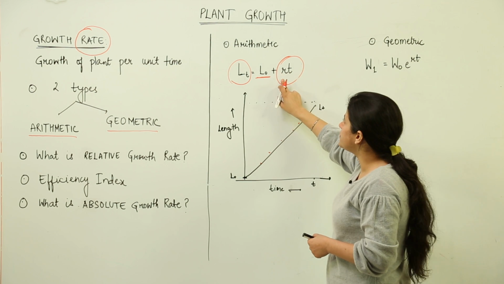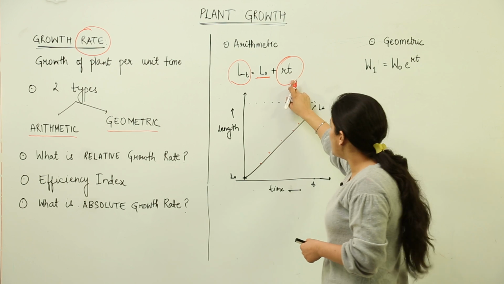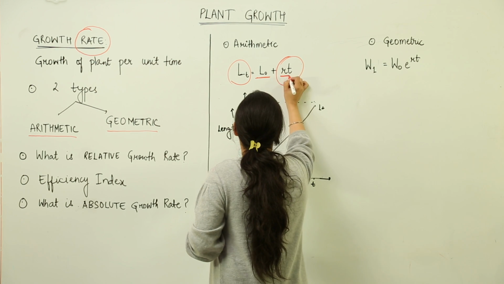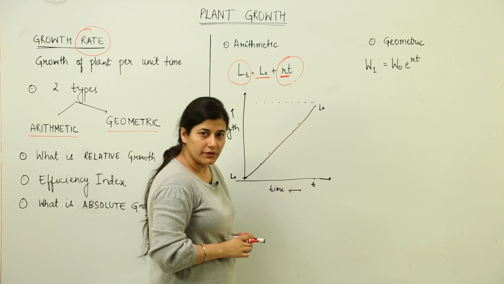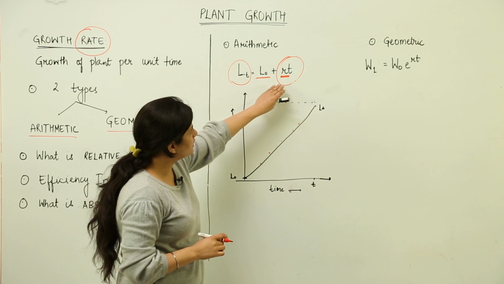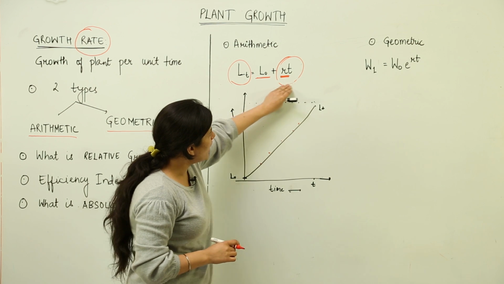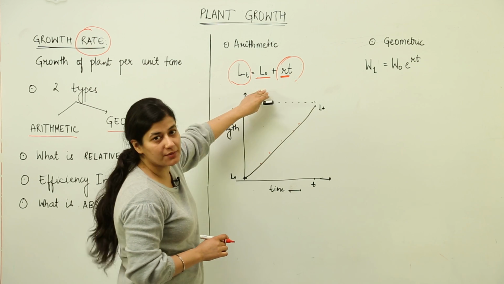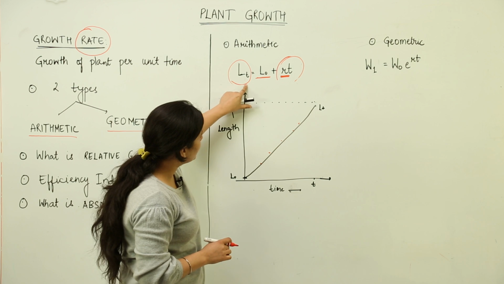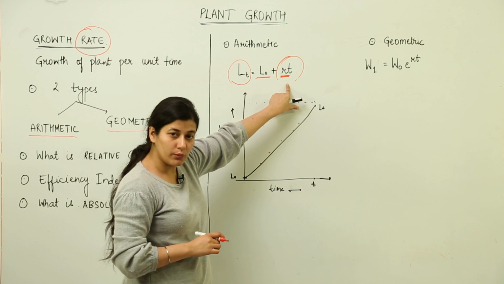Rate is to be multiplied with time. Now, what is this R? This is the growth rate basically. We are using it as a constant. This shows the growth rate and it basically shows how the arithmetic growth has taken place. Lt would be the parameter which decides what the growth would be.